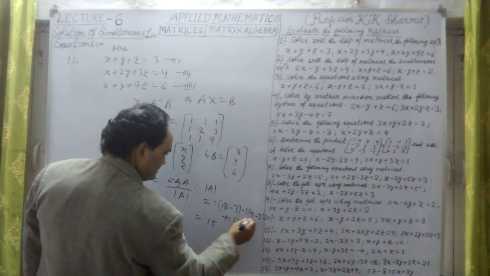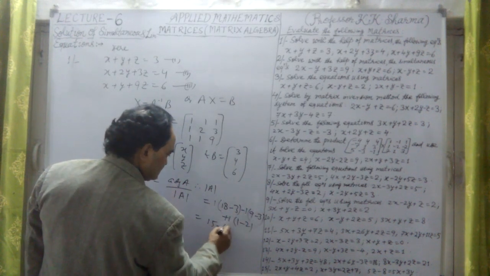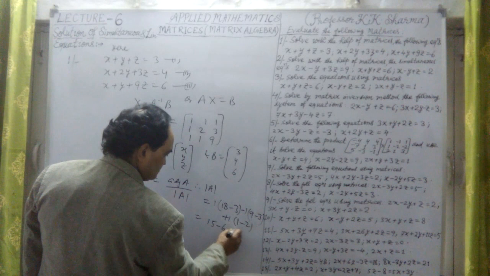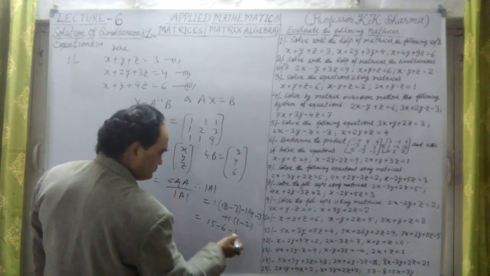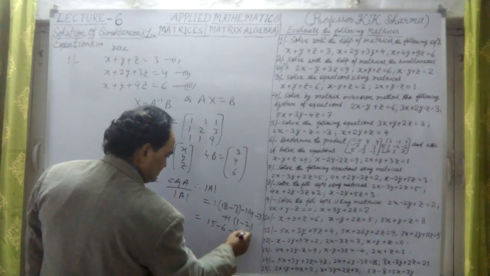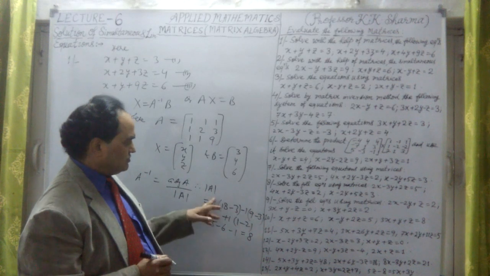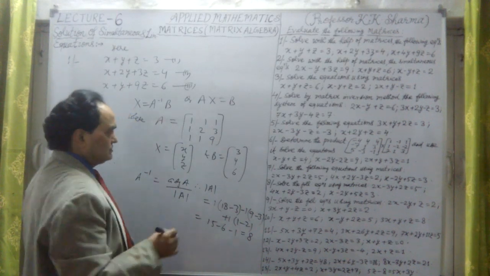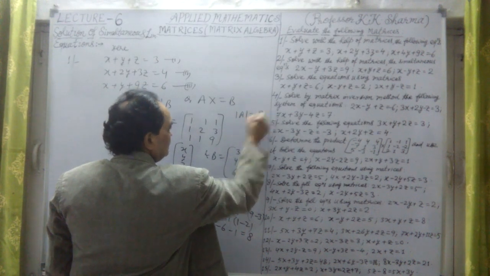Then minus 1 into 1 times 9 is 9 minus 3 times 1 is 3, so 9 minus 3 is 6, and 6 into 1 is minus 6. Plus 1 into 1 times 1 is 1 minus 2 times 1 is 2, so 1 minus 2 is minus 1. So 15 minus 6 minus 1 is 8. So the determinant value of A is 8 only.